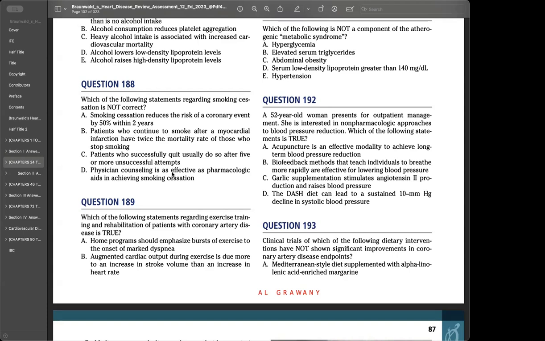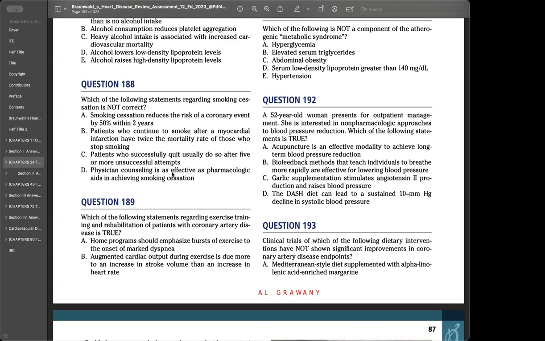And after 3 to 5 years, a smoker who has completely stopped smoking has the same risks as a patient who never smoked.